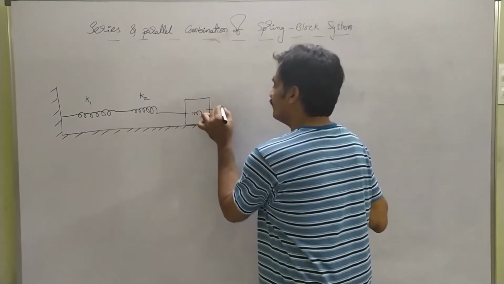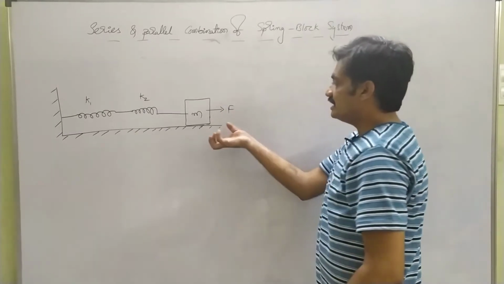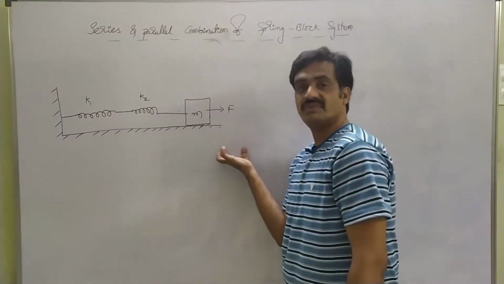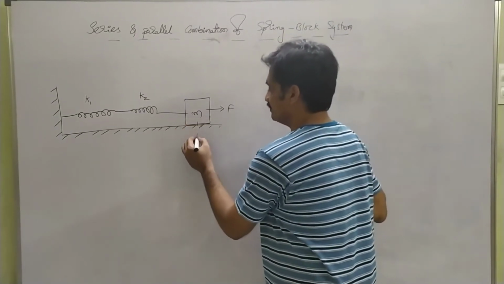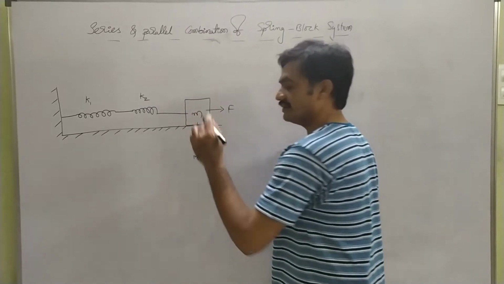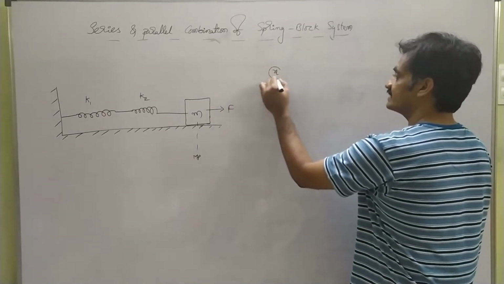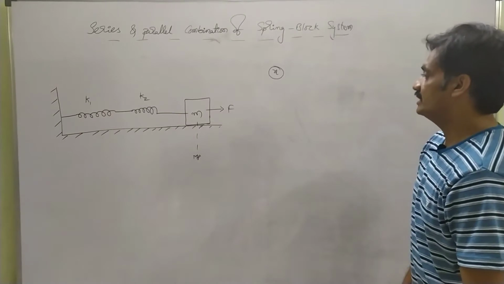As we apply force on this system, the system starts oscillating with a displacement about its mean position, which we had discussed in our previous video. Whereas the displacement is represented as x based on this force acting on the body.